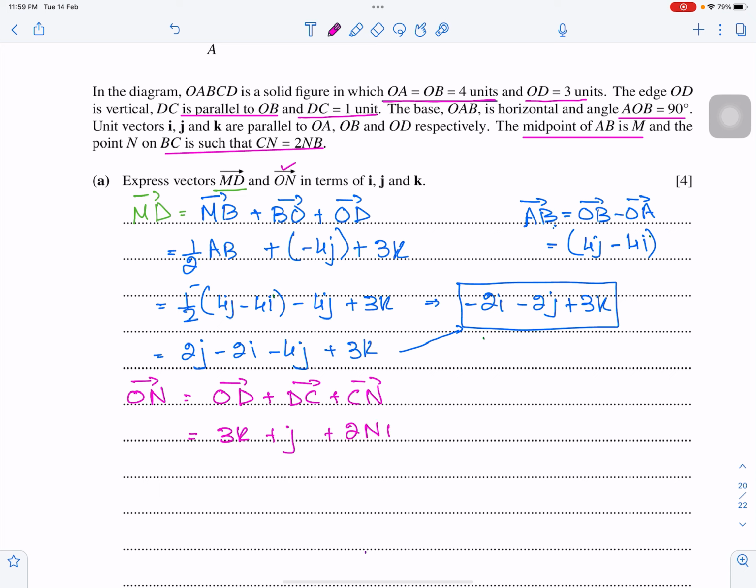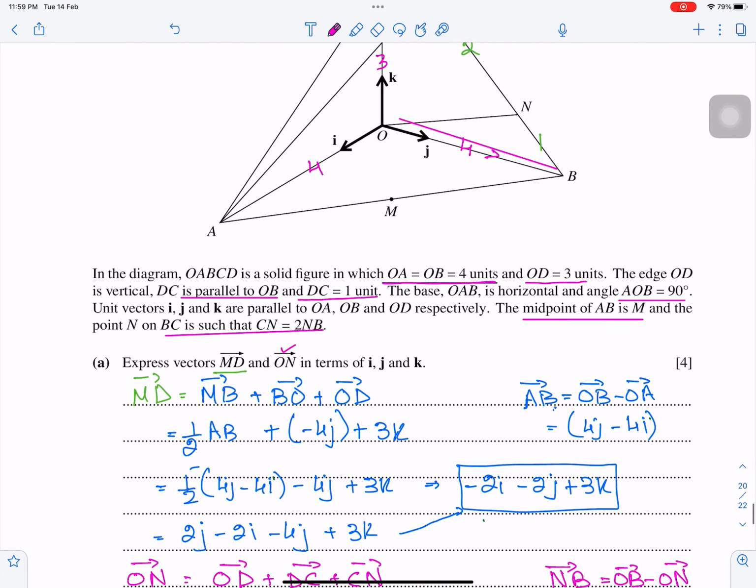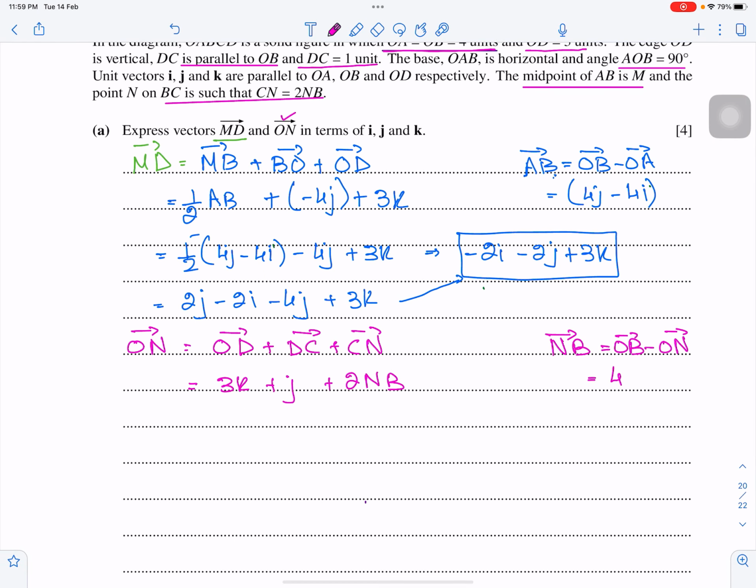Now again NB I have to find out. It is a displacement vector, I will change it into a position vector, OB minus ON. Now OB is given to you in the question. If you see, OB equals 4J, right? Sorry. So I will write here 4J. ON I don't know, I will keep it as it is.